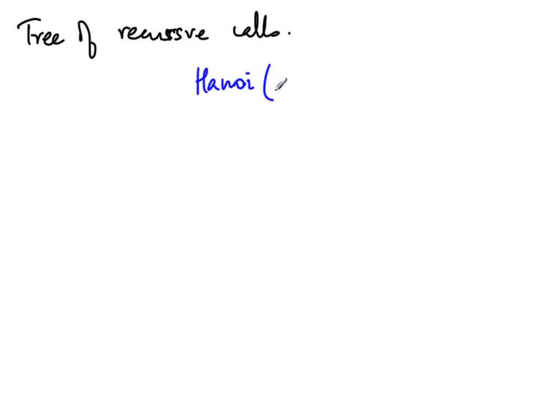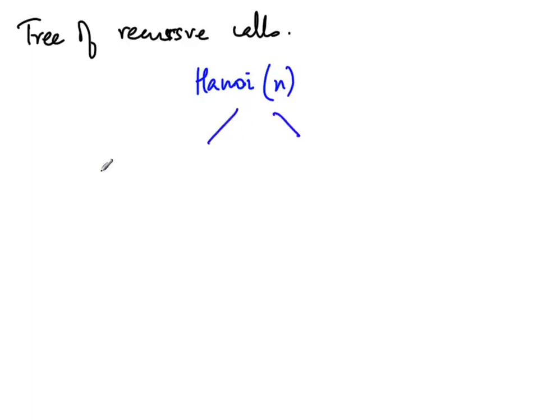Now in this particular problem, another way to see how this works is to draw the tree of recursive calls. If we actually wrote it out as a piece of code, let's call our function Hanoi of n.